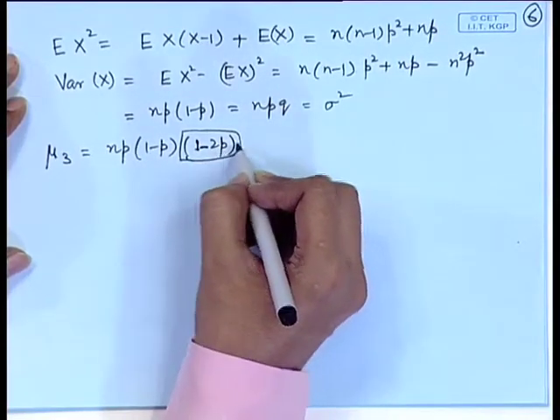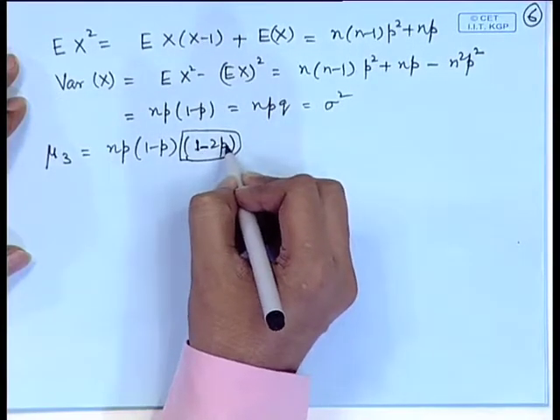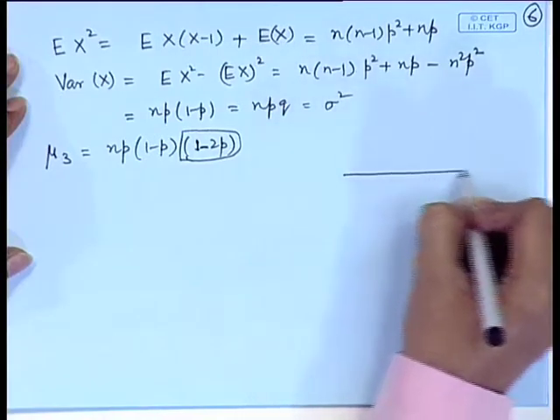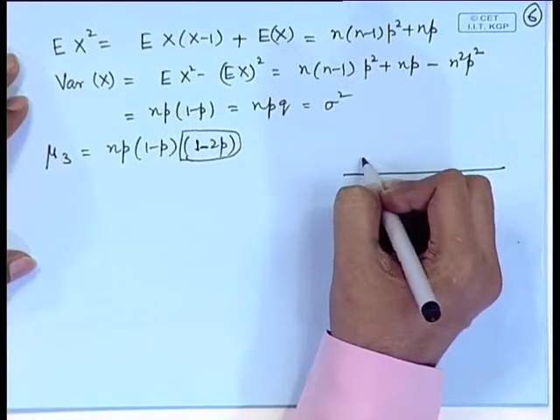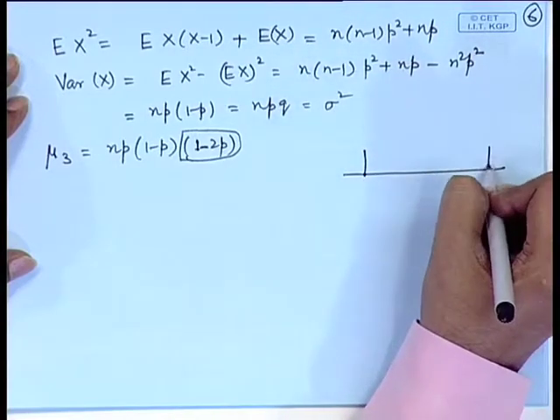Obviously, if p is equal to half, then this is 0, and this is a symmetric distribution, which is all right, because if we consider the binomial probabilities, it is starting from 1 minus p to the power n and goes up to p to the power n.